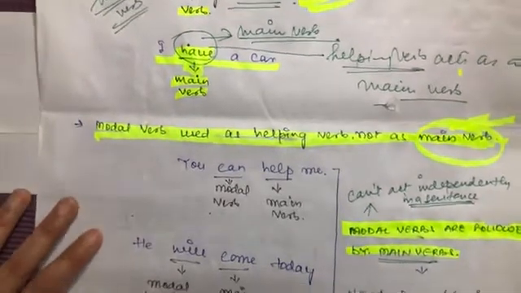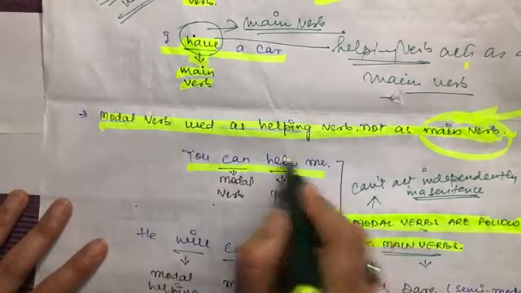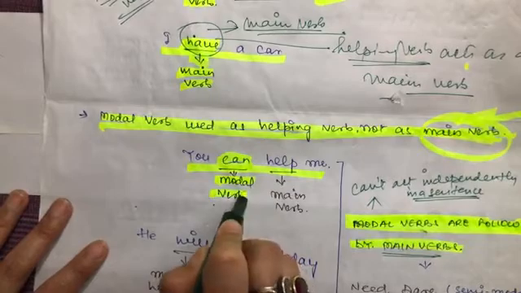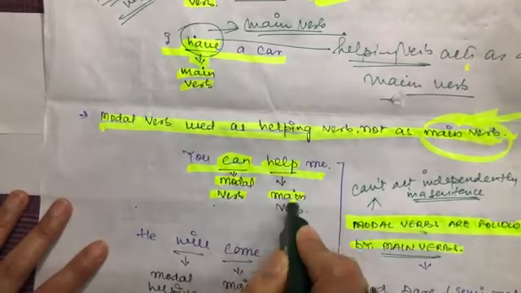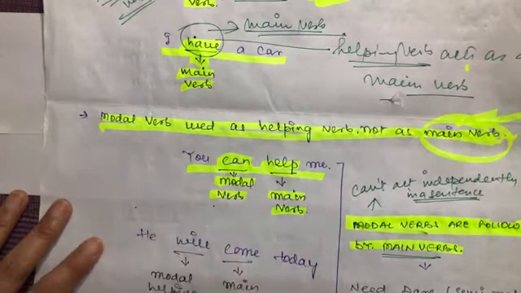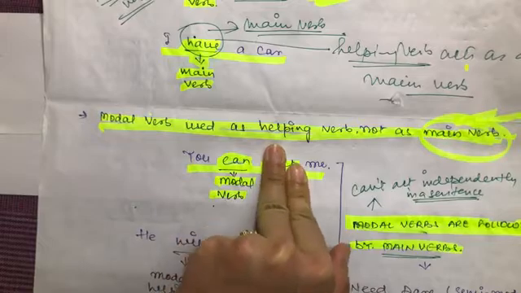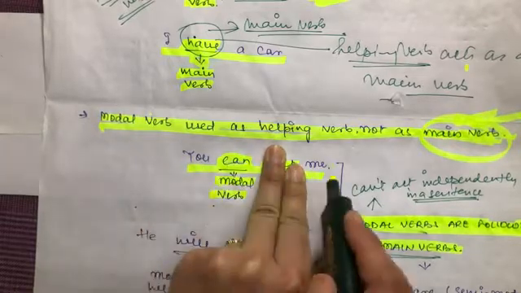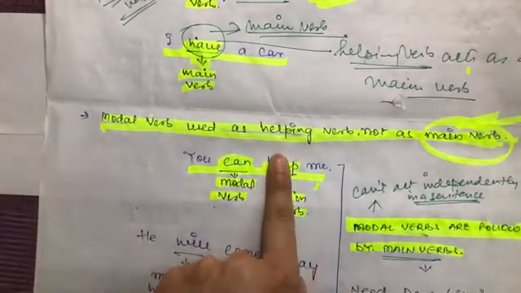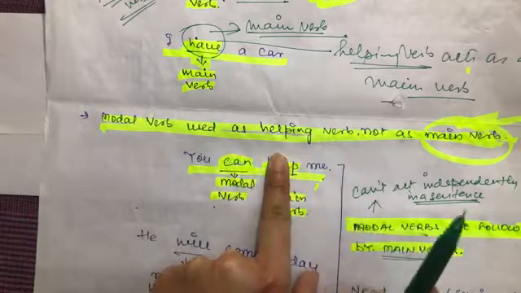For example, if I take this example, you can help me. Here can is what? It is a modal verb, and help is what? It is a main verb. Can you frame a sentence by hiding this main verb, help? What will the sentence be? You can me. If I look at the sentence, you can me, is it making any sense?